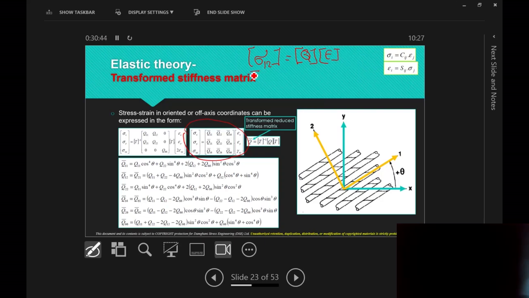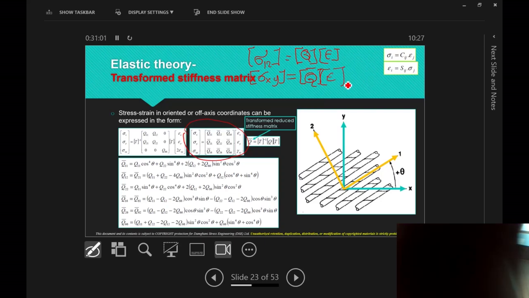We say sigma x and y is essentially, instead of Q, transformed Q, or Q bar we call it. Okay? So remember that. Q is a reduced stiffness matrix. Q bar is the transformed stiffness matrix. As you can see, sigma is Q bar matrix times epsilon x, epsilon y, gamma xy.